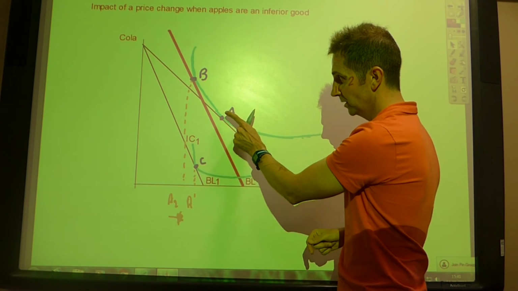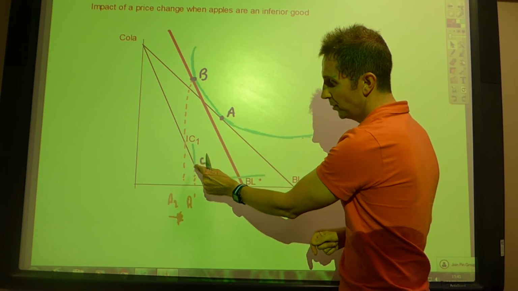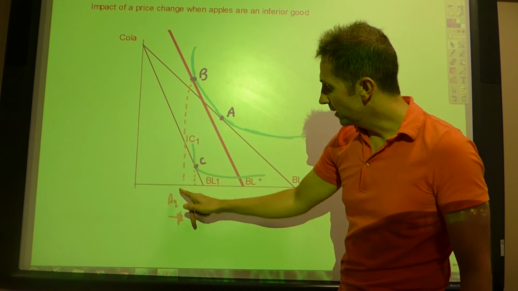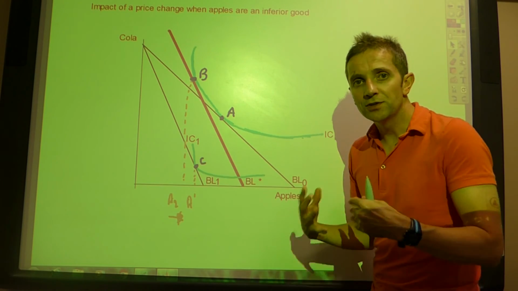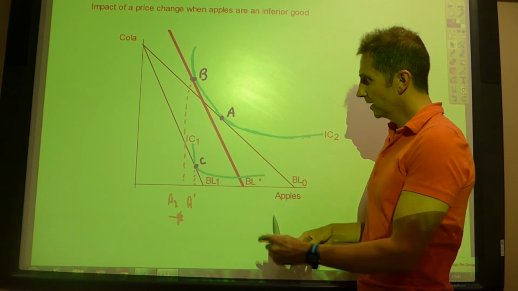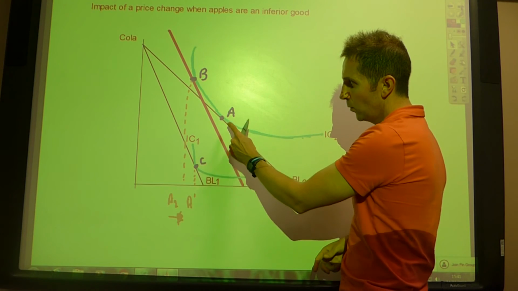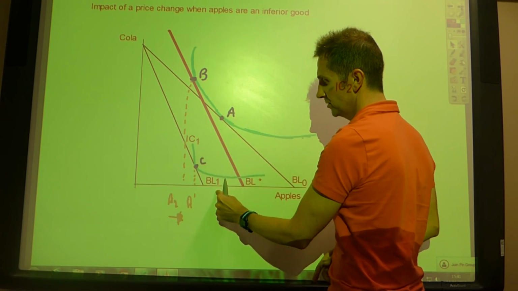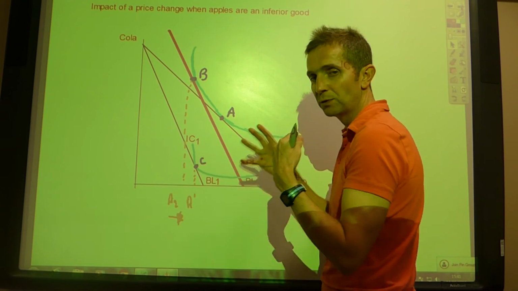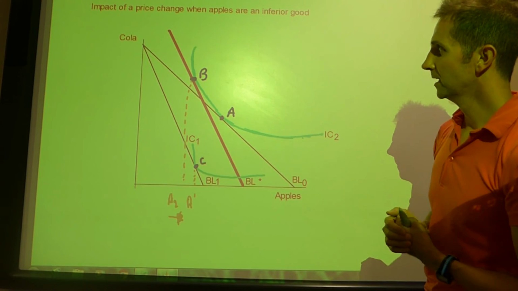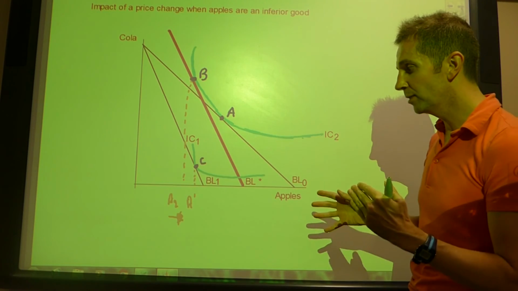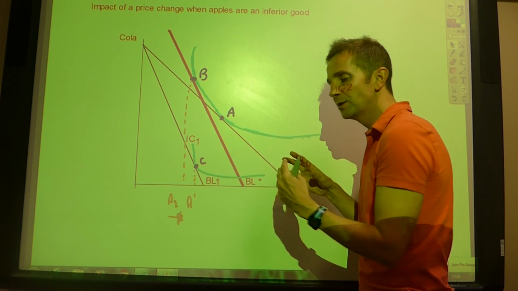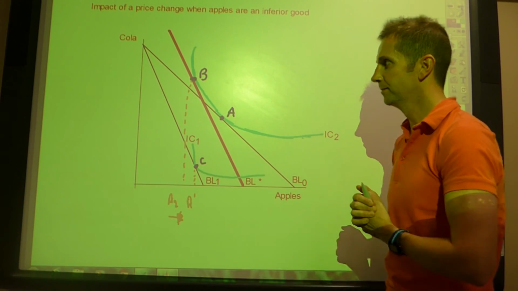You can see here that as we move from point A to point C, yes, we're consuming slightly more apples compared to point B, but obviously in the grand scheme of things, when we move from point A to point C, that was our original combination, that was our new combination, so we're consuming less of both goods. So the net effect is still the same as in our previous diagram, but the mechanics of how we get there and exactly the point at which we're at is slightly different.